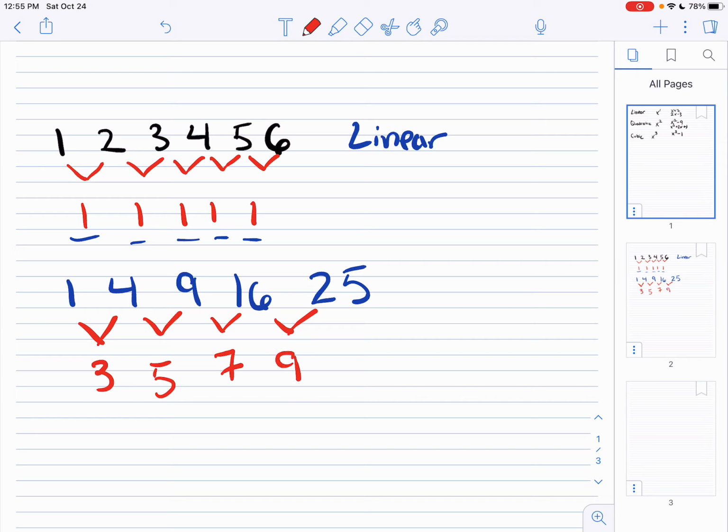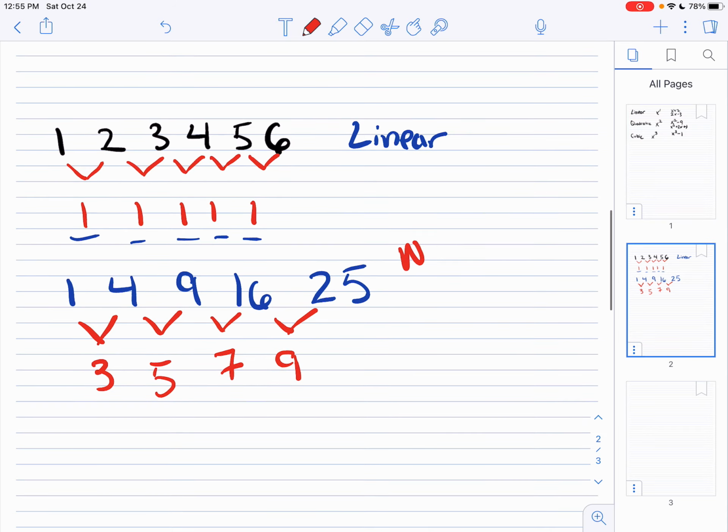All right, because these differences are not the same, we do not have a linear relationship. So this is non-linear. But we can actually check to see if it's quadratic or even cubic.